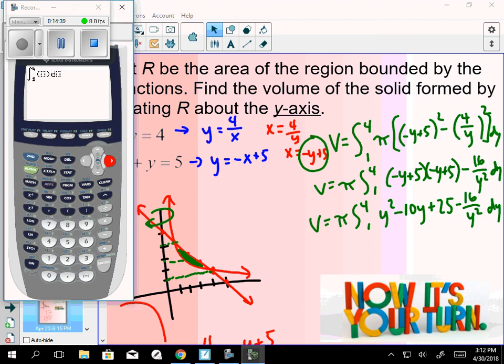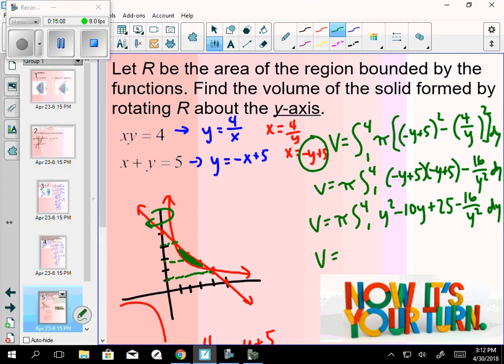We pulled that out. We'll keep that out and we'll multiply it back in later. So you got x squared minus 10x plus 25 minus 16 over x squared. And then we'll put in our x here. This should give us the same values as if it was y. So it looks like it turns out to be 9.